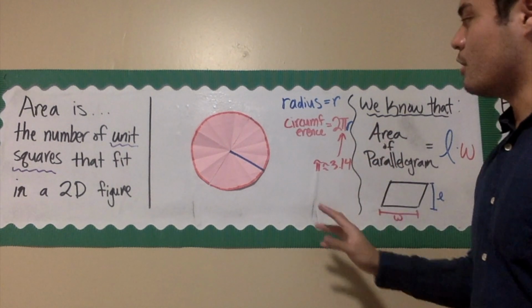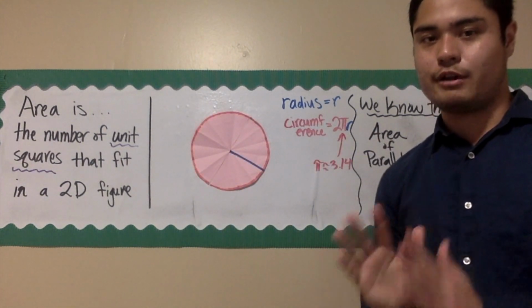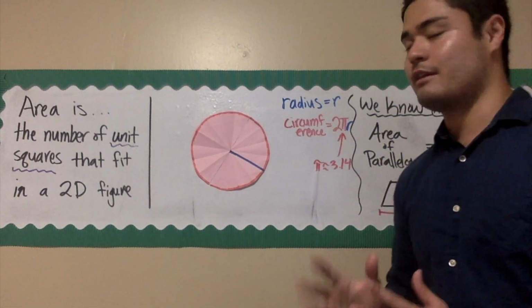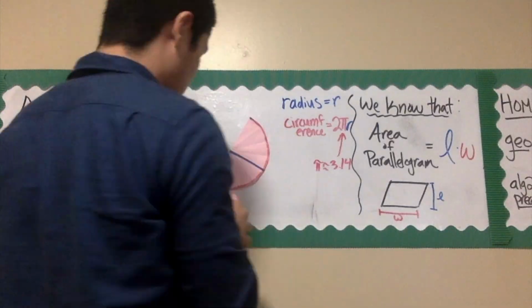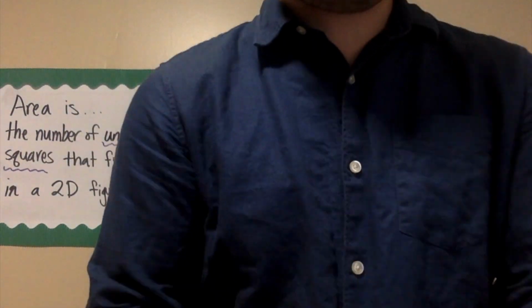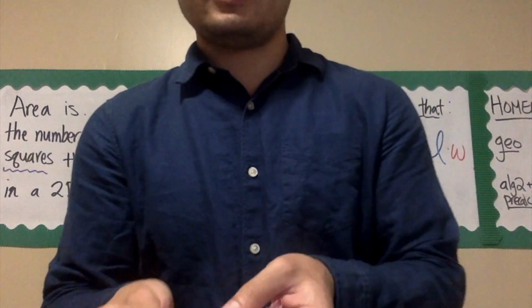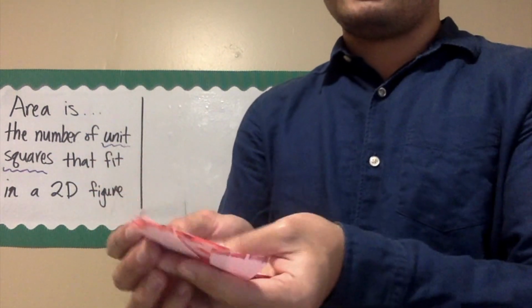Okay, so I have my circle here. And what I'm going to do is cut up my circle and rearrange it into a figure that we already know. All right, so what I did here is I cut up my circle into multiple wedges.